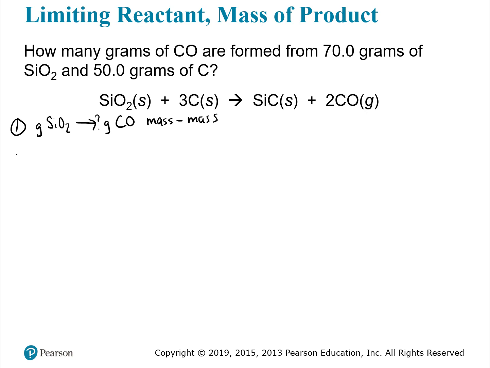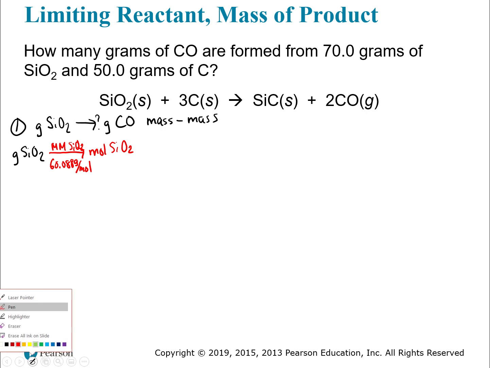This is a mass to mass problem. Just like we were doing before, we're going to take the grams of silicon dioxide and convert to moles using the molar mass. The next step is to use a mole-mole factor to go from moles of silicon dioxide to carbon monoxide.